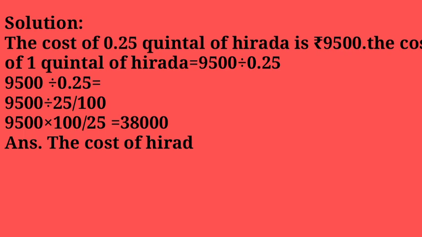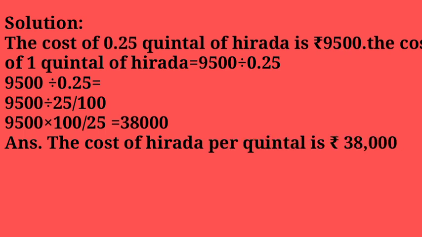So 9,500 divided by 25 upon 100. Let us take the reciprocal: 9,500 multiplied by 100 upon 25. Children, the answer is 38,000. So the cost of Heda per quintal is rupees 38,000.